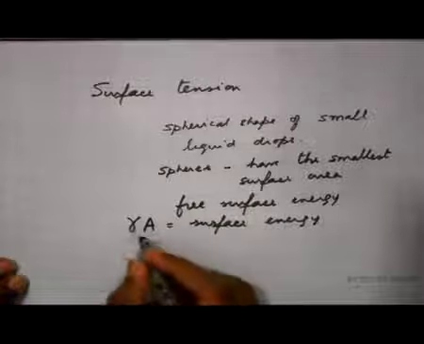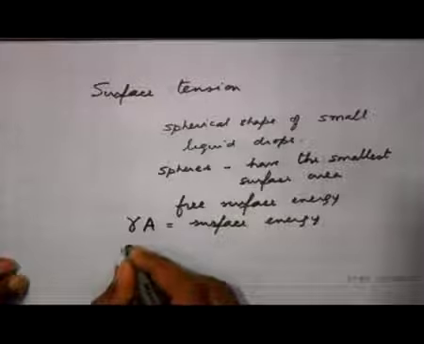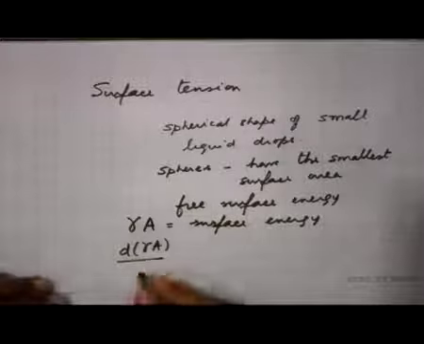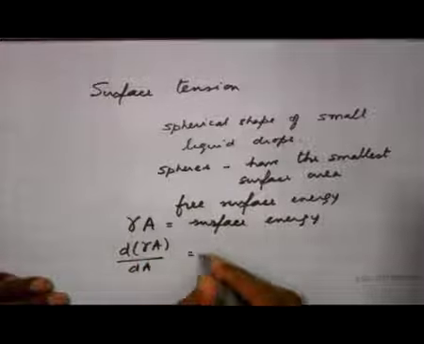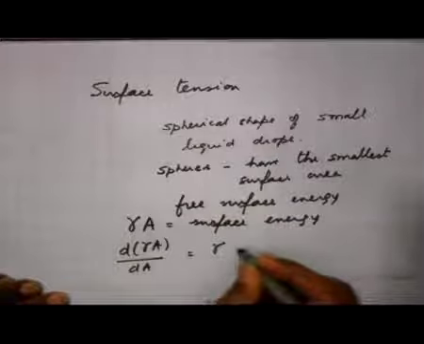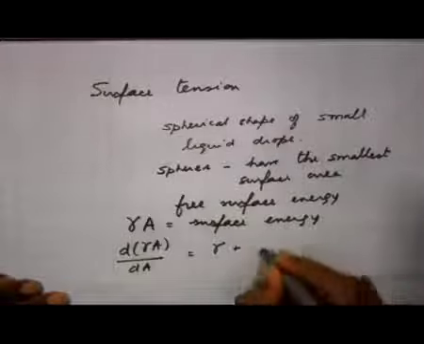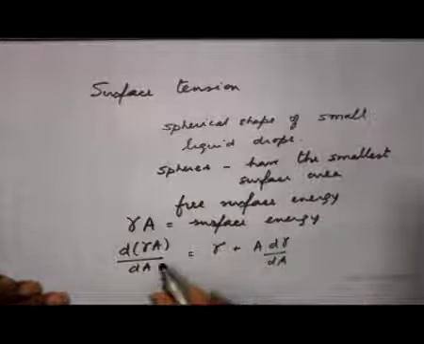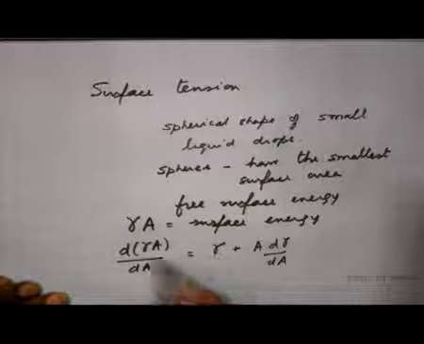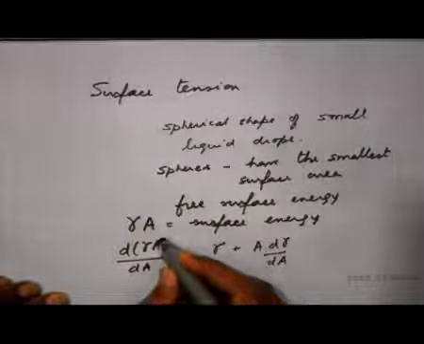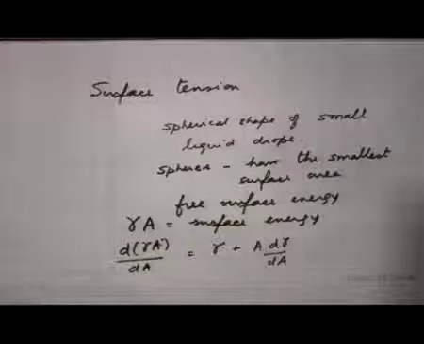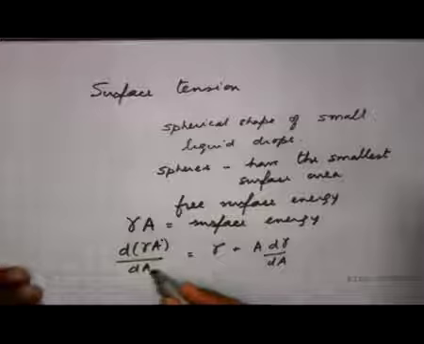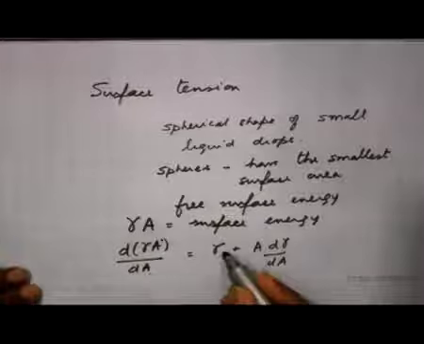Right? Now, the rate of the change in the surface energy for a change in area is given by this. Just by applying simple product rule, I have differentiated. So, this is the surface energy, and how does the surface energy change when I change the area of the liquid by dA? That has two terms.